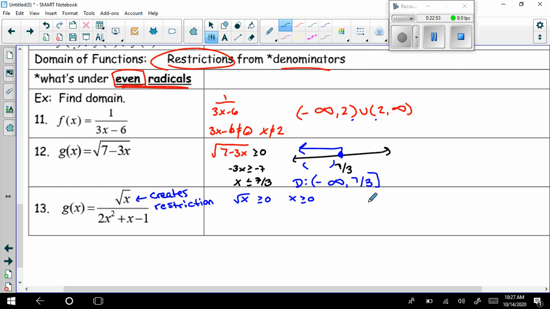If you think about that on a number line, I'm saying, okay, if I'm at 0, it needs to be from here over already. Okay, but I also have restrictions on the bottom, so I need to factor this. All right, well, 2x squared plus x minus 1 breaks down into 2x minus 1 and x plus 1.